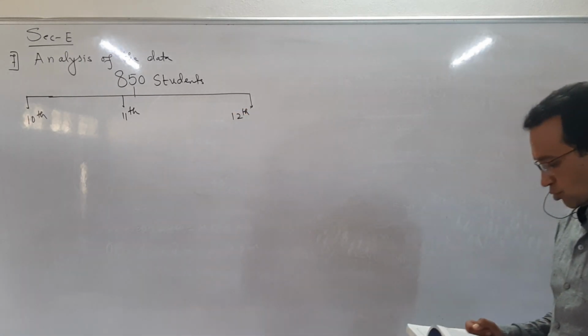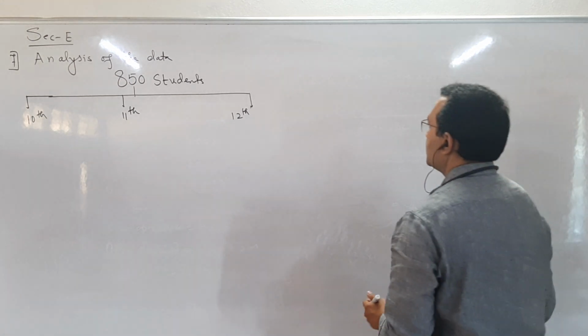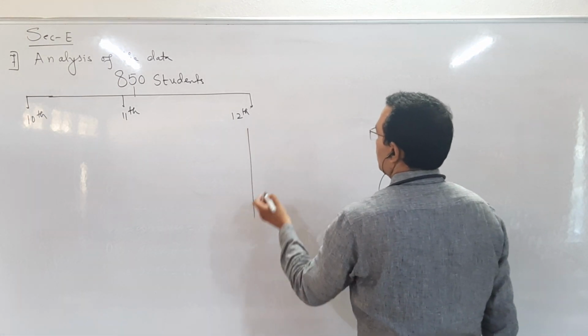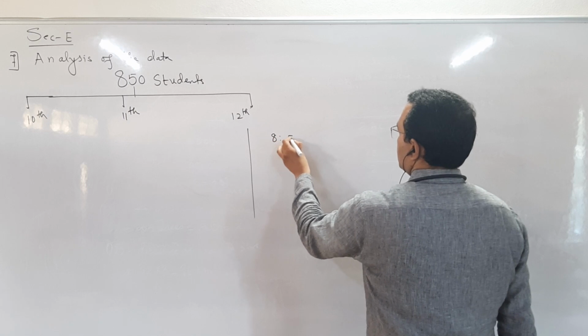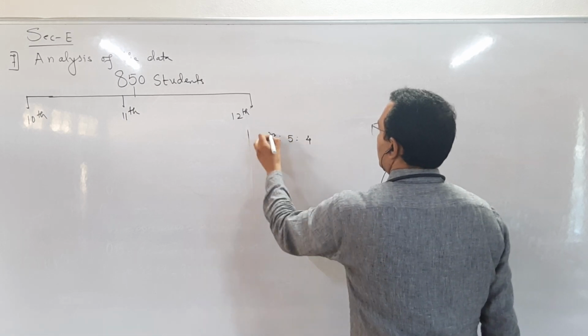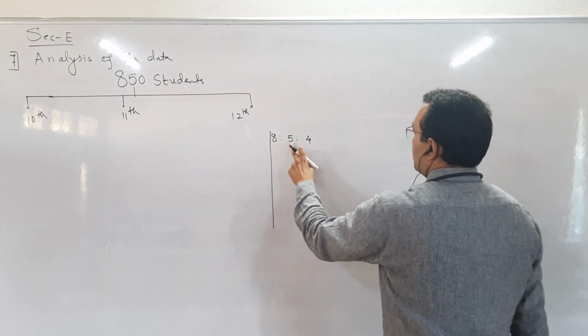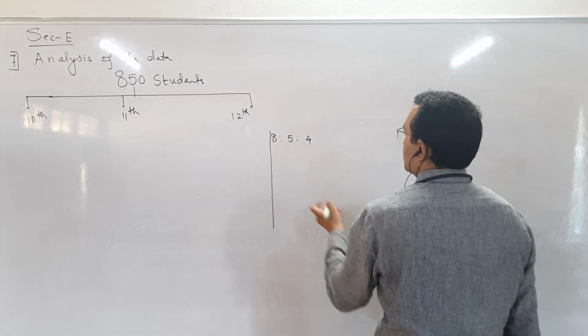This is the proportion 8:5:4. 8 plus 5, 13 plus 4, 17.